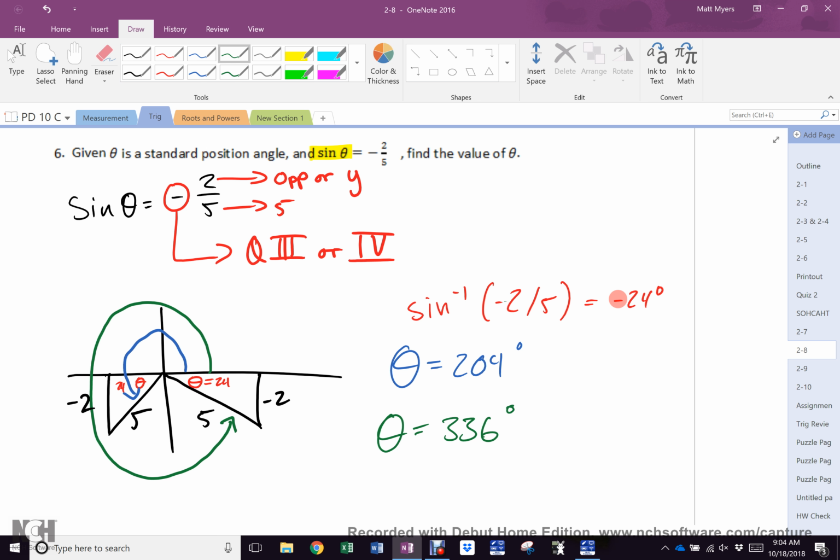Your calculator is measuring from here, because that is -24. But that's why we did all these other drawings, to show you that the reference angles are all going to be the same. Everybody good?